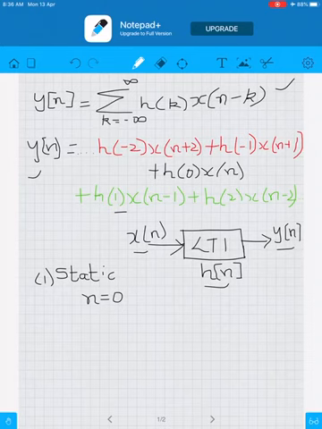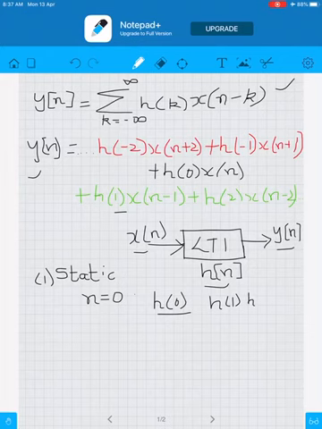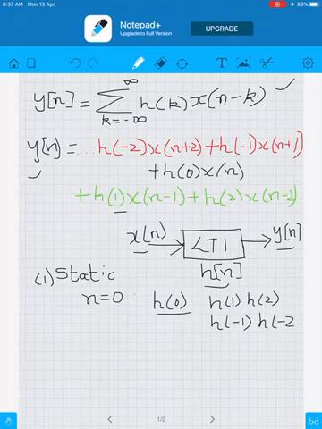Only h of 0 should be present, whereas all other terms, h of 1, h of 2, h of minus 1, h of minus 2 and so on, should be equal to 0.